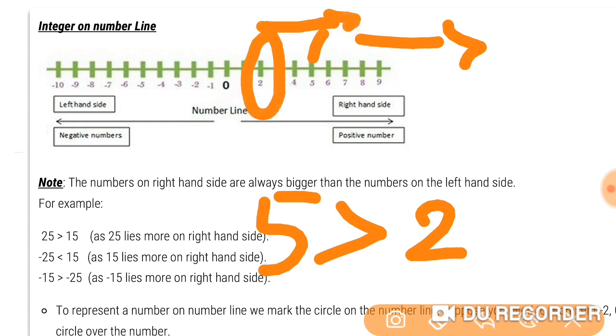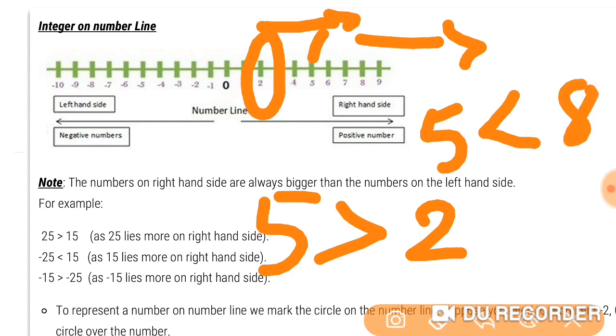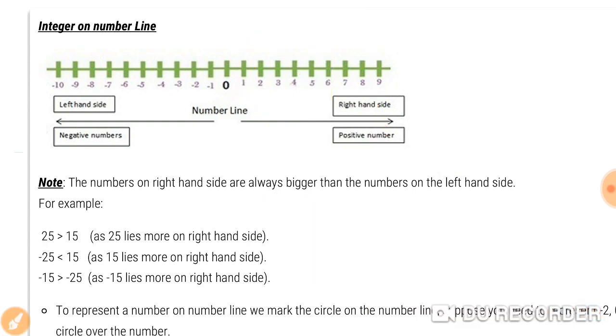It is bigger. Then take an example: 5 is less than 8. Why? Because 8 is right side of 5. Okay. In the same way, I'll take negative examples.